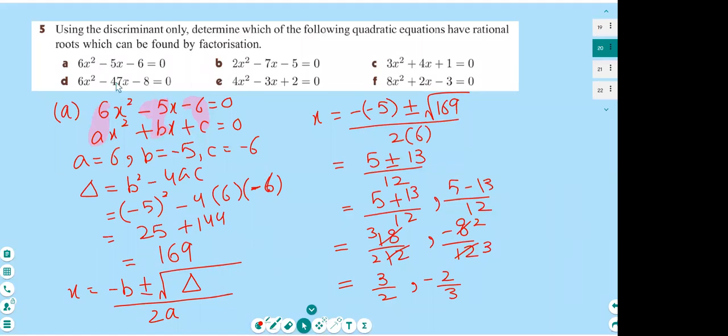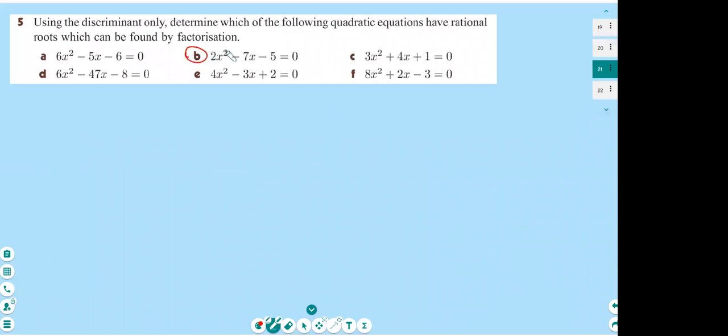That means part A, the equation given in part A, has rational roots, right? So it has rational roots. Okay. Now moving to the next part, that is part B, right? So in part B, I have 2x squared minus 7x minus 5.